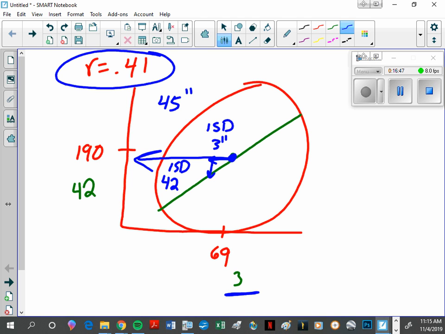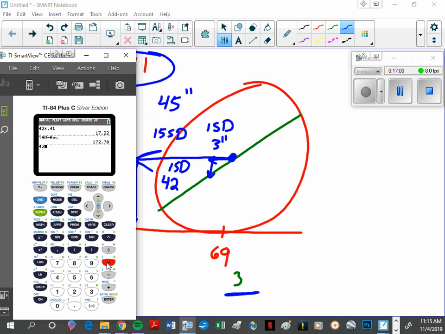What is that in SDs? 15 SDs. Okay, so I'm going left 15 SDs, which means I need to go down 15 SDs. So 42 times 15. But that's too big. What do I need to do to that? Times it by 0.41.